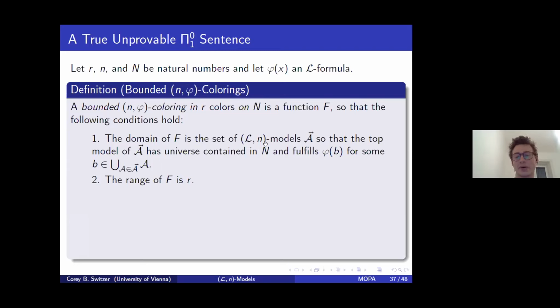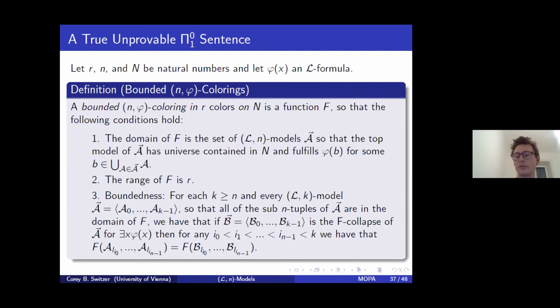I'm coloring L_N models that are sort of axiomatized, if you like, by some fulfillment phi in R colors, and with this additional boundedness requirement.